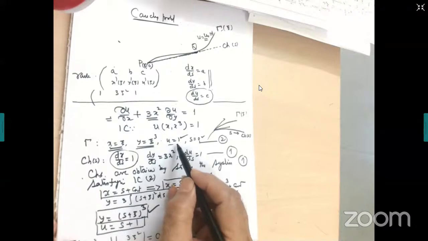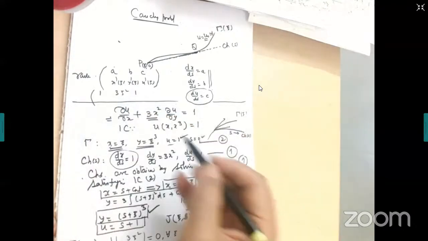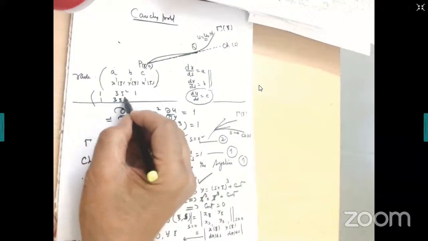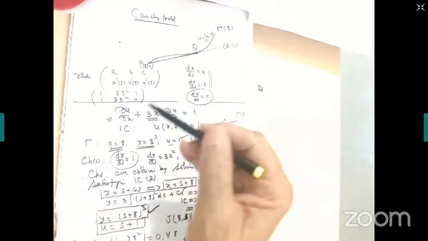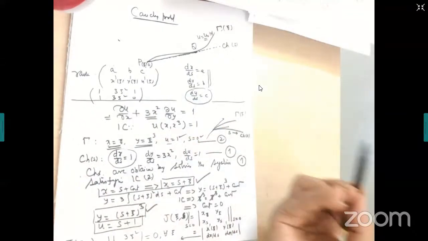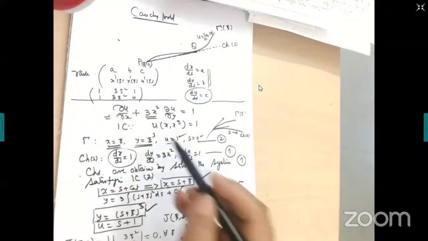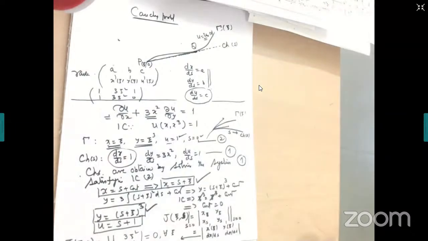So this is 1, 3 xi square, 0. You can see that this is of rank 2, and the matrix rank condition is not satisfied. So what do we infer from here? No solution.